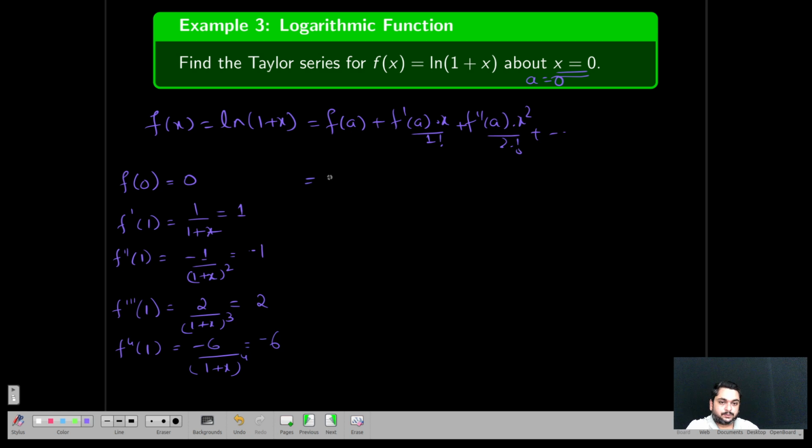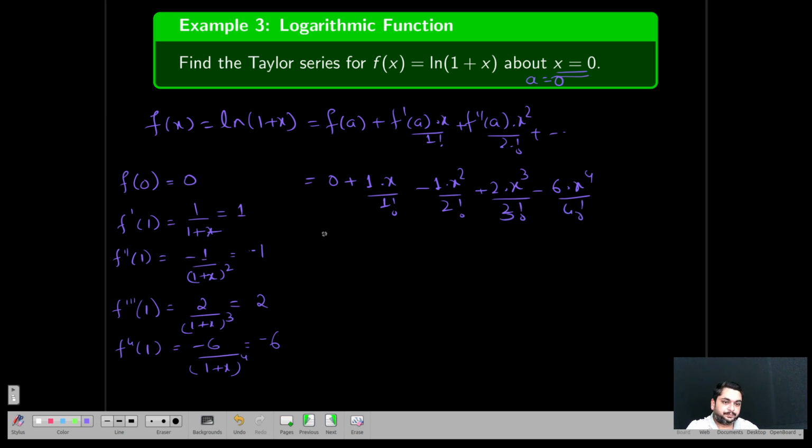So now we substitute: f of a is 0, 0 plus 1 into x divided by 1 factorial. Next, minus 1 into x square divided by 2 factorial. Next, plus 2 into x cube divided by 3 factorial, plus minus 6 into x power 4 divided by 4 factorial.